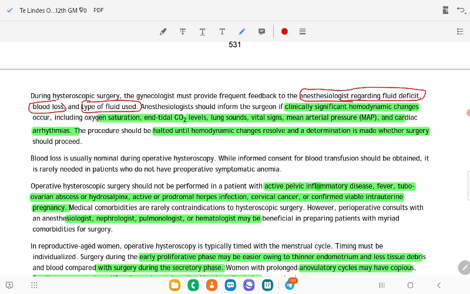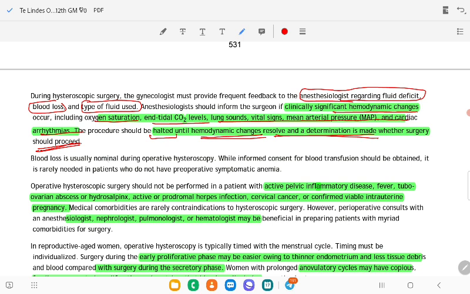If you suspect hemodynamic changes, like oxygen saturation decrease, end tidal CO2 increase, lung sounds, vital signs, mean arterial pressure, cardiac arrhythmia, you have to stop the procedure until the hemodynamic changes resolve, and a determination is made whether surgery should proceed or not, depending on the patient's hemodynamic condition.